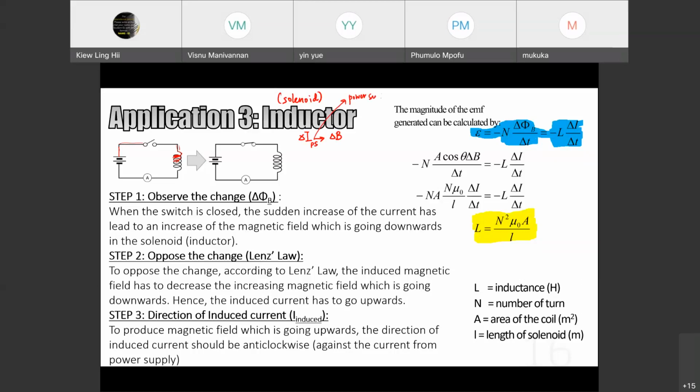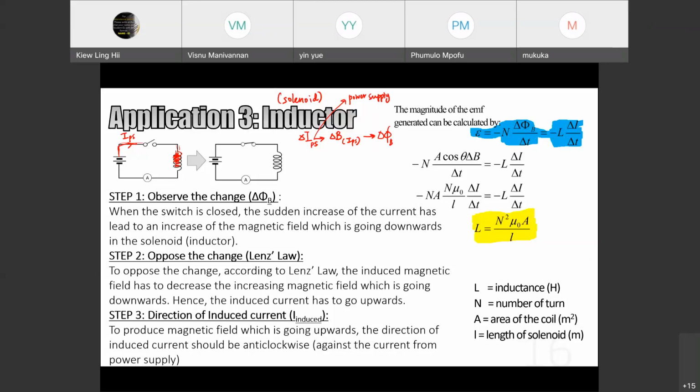When there is a change of the current from the power supply, the red color one, there will always be a change in the magnetic field. So when there is a change in the magnetic field, there is a change in magnetic flux, because the amount of magnetic field passing through the center of the solenoid is now changing.